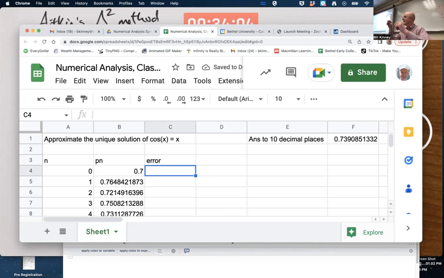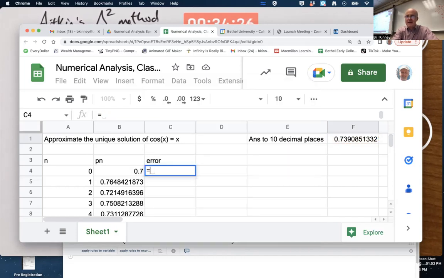The approximation error is the actual value minus the approximate value. And I corrected myself there because, remember, it goes in alphabetical order. Actual minus approximate. So I take the actual value here, which is in cell F1, and subtract the approximate value here in cell B4.